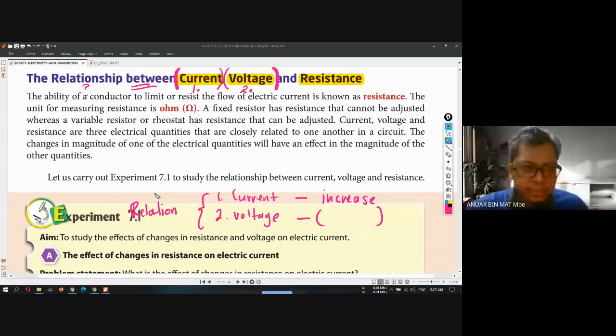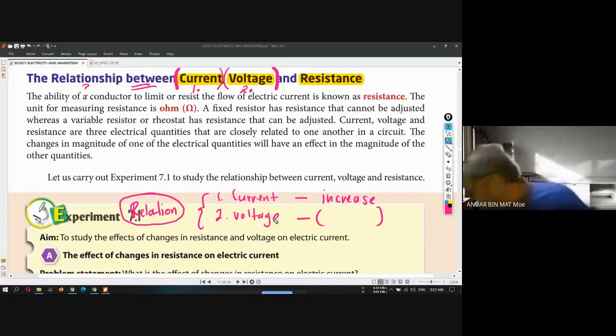This is what we call relation: current and voltage, and then current and resistance. There are two relationships you need to understand here. Can you understand this?